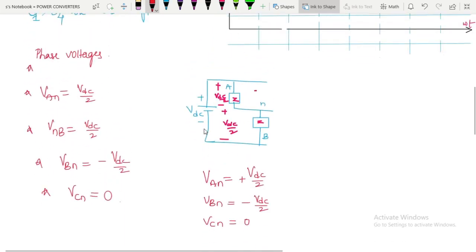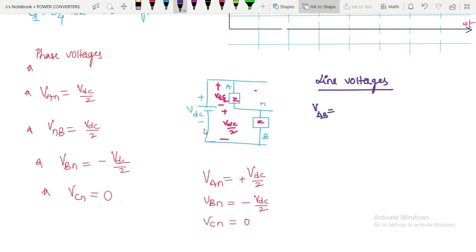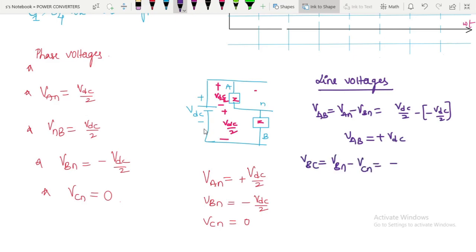Now let us see the line voltages. VAB, we know the formula, which is equal to VDC by 2 minus VDC by 2. Okay, so VAB is equal to plus VDC. Likewise VBC is minus VDC by 2 minus 0, that is minus VDC by 2.